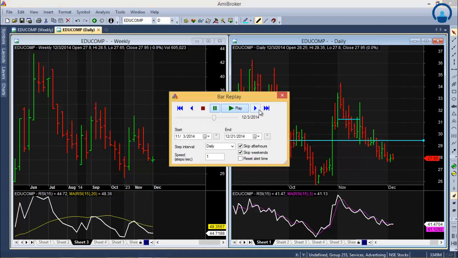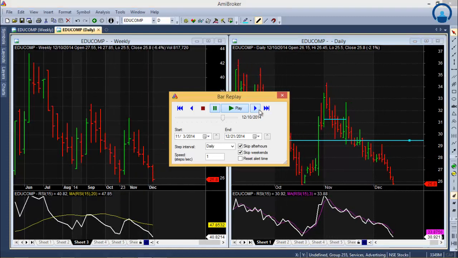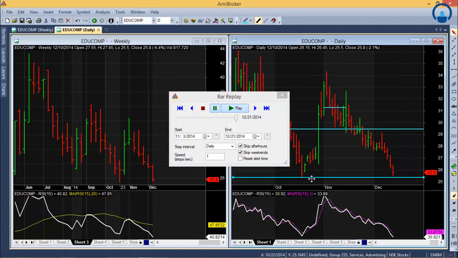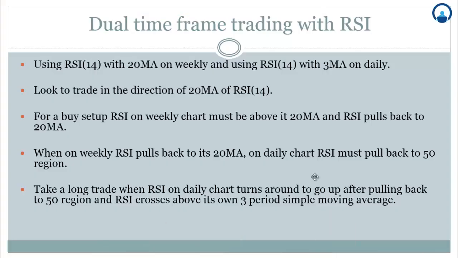RSI reached the level of 40 and went ahead to make a new low or test its own low. Here you can see EduComp daily charts have gone ahead to test their own low, and even RSI has reached the level of 30.